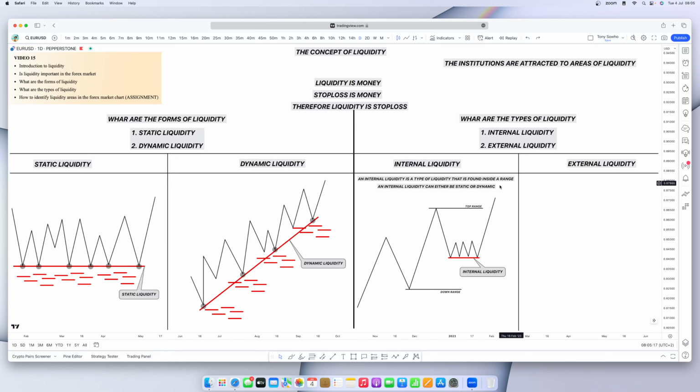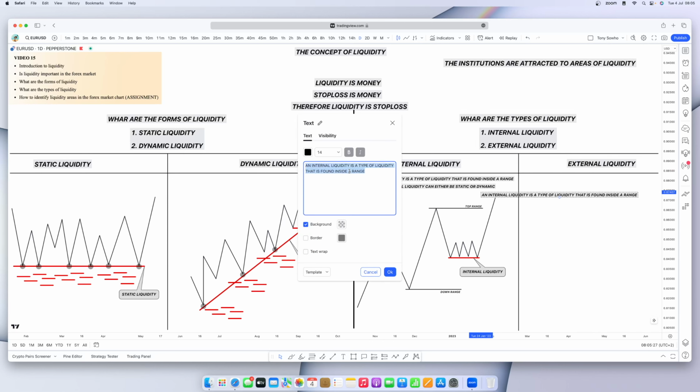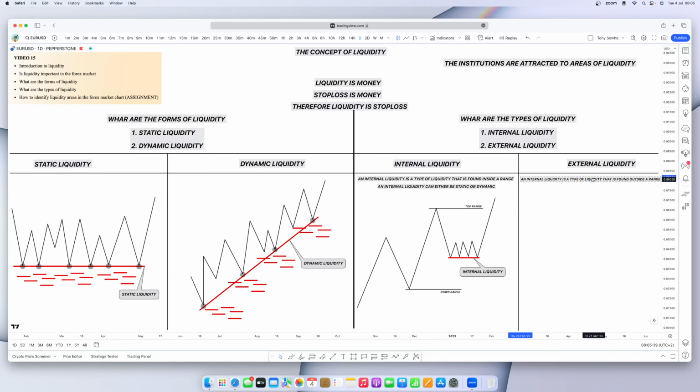Now that takes us to external liquidity. So I'm going to clone this now, bring it here, and we can say that an external liquidity is a type of liquidity that is found outside a range. Outside the range. So let me reduce this to 12, because I want it to contain exactly outside the range.